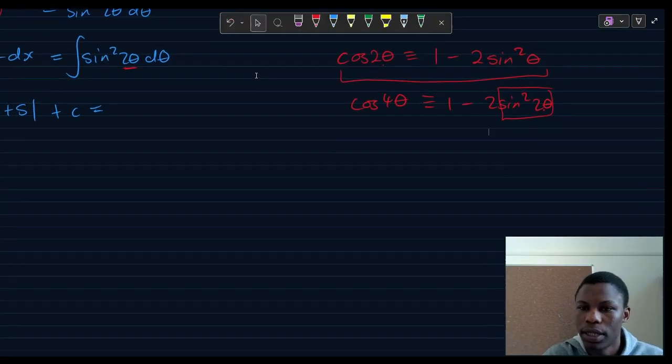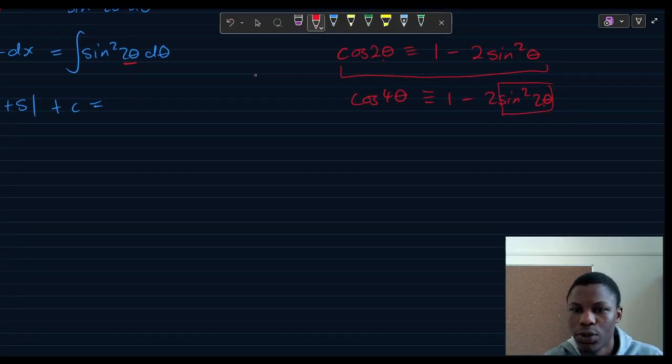So we can do that. We can make sine squared 2 theta the subject of the formula. So we've got 2 sine squared 2 theta is equal to 1 minus cos 4 theta. Divide through by 2, you have that sine squared 2 theta is equal to half of 1 minus cos 4 theta.